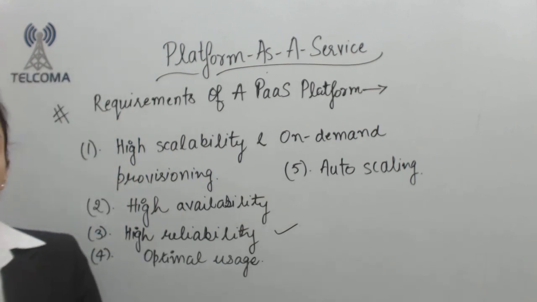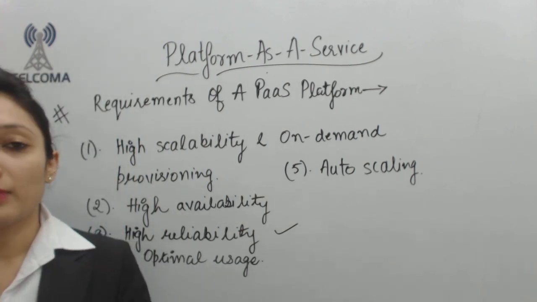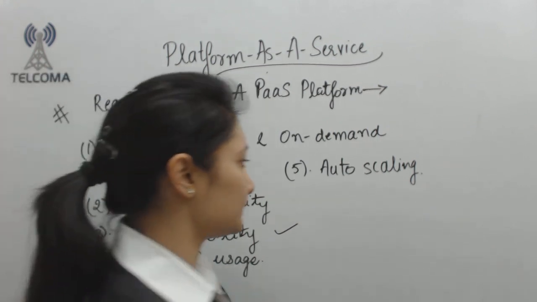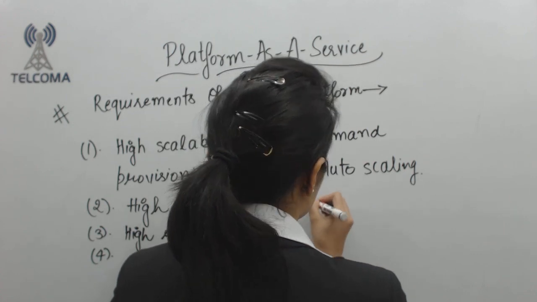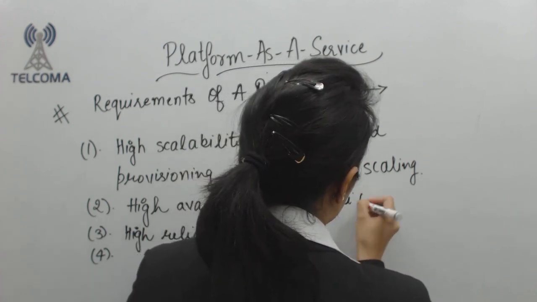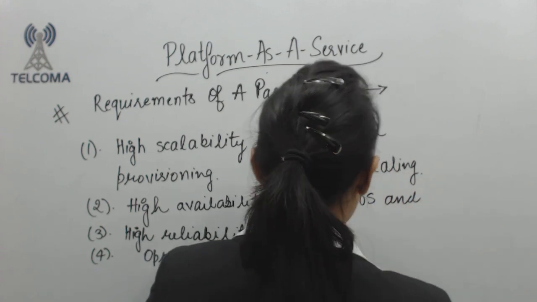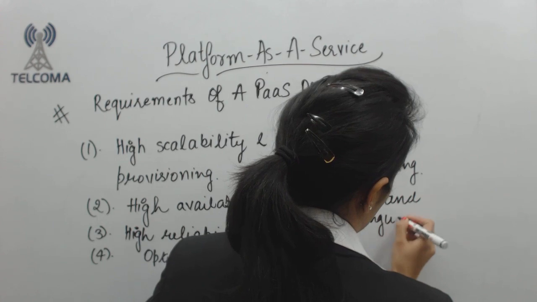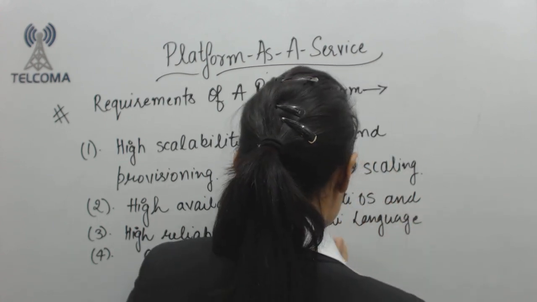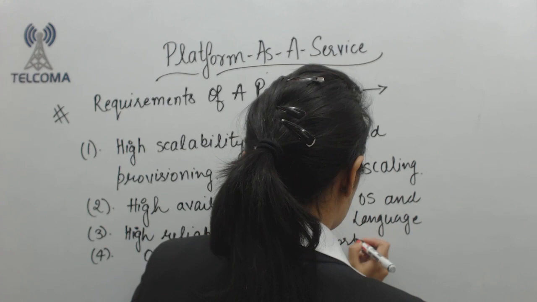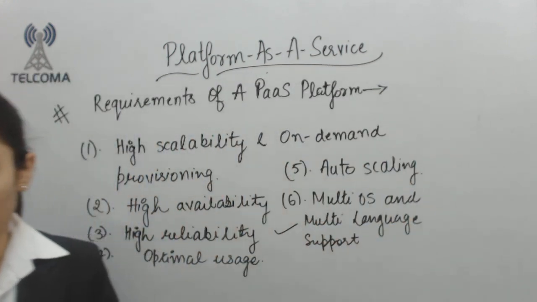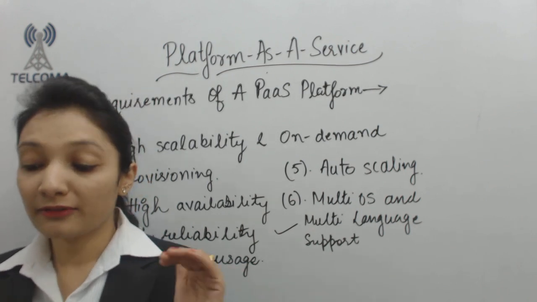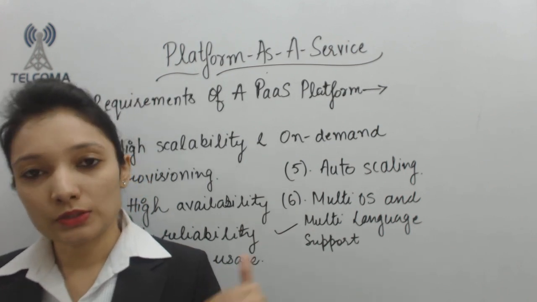So after auto scaling, the next requirement which we have here is multi OS, that is multi operating system and multi language support. Just take an example, that an organization might have different operating systems and applications written using different languages.